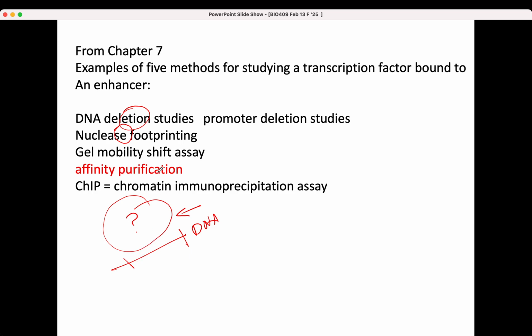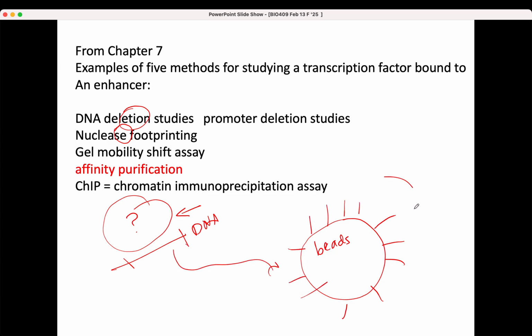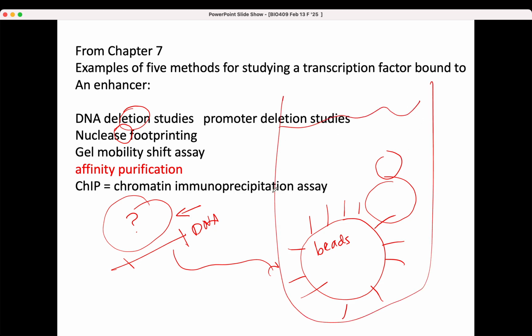And the next thing is to take this piece of DNA and take some beads. Some beads, like little pieces of dust, you can actually see them, like little pieces of sand. So take some beads and attach that DNA to the beads and put lots and lots of beads into a test tube with liquid.